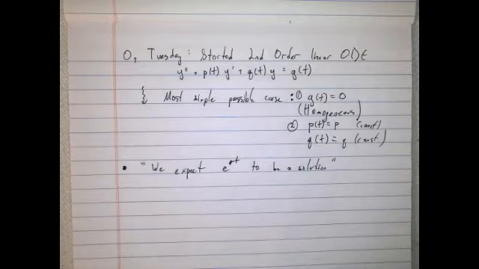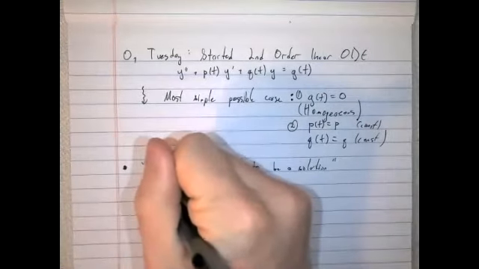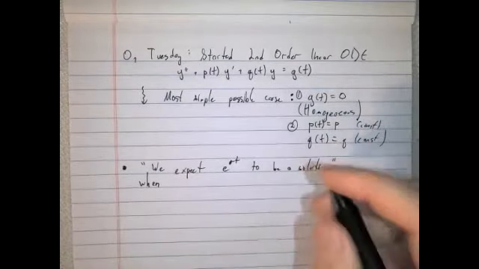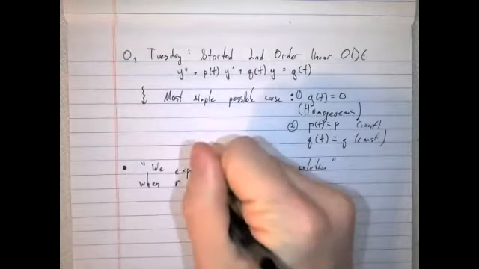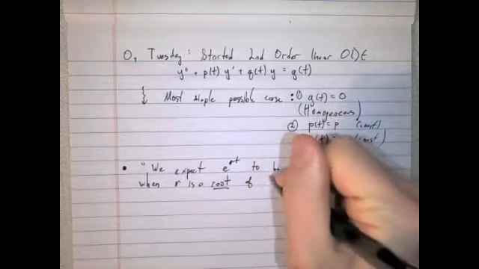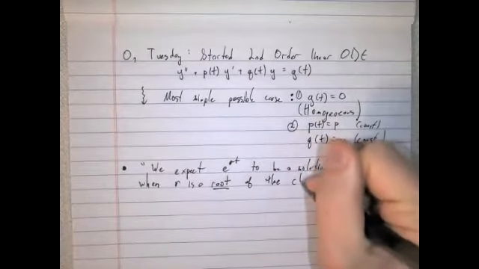R being that polynomial AR squared plus BR plus C. Exactly. So in this case, it's a little different, but when R is a root of the characteristic polynomial.